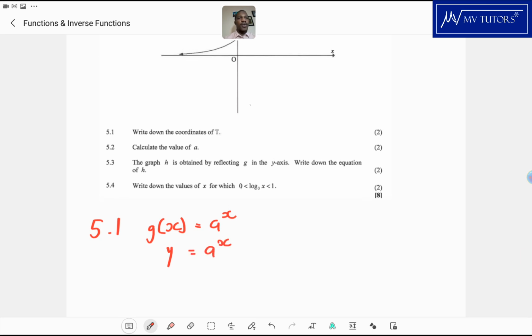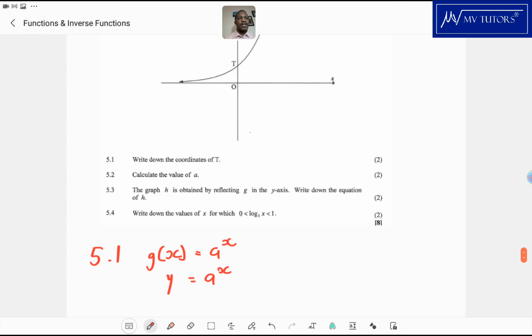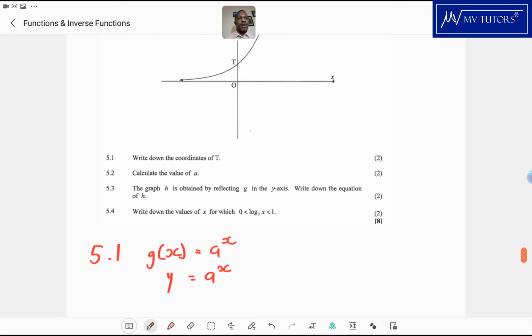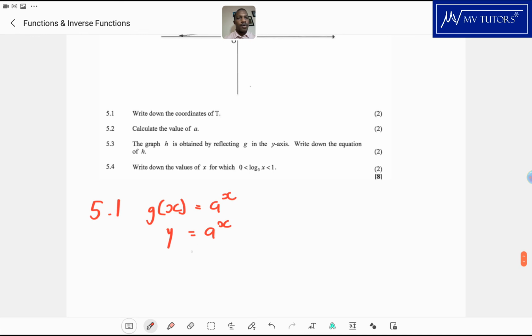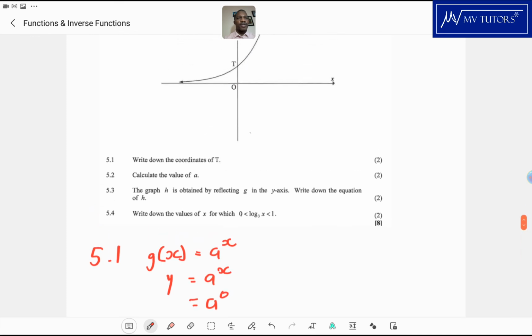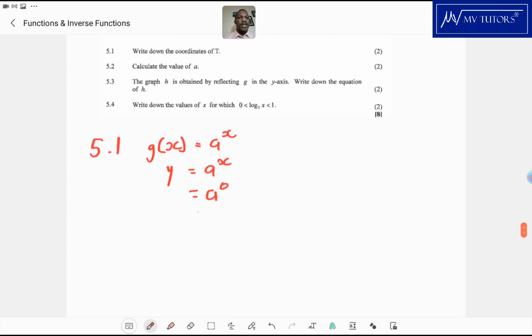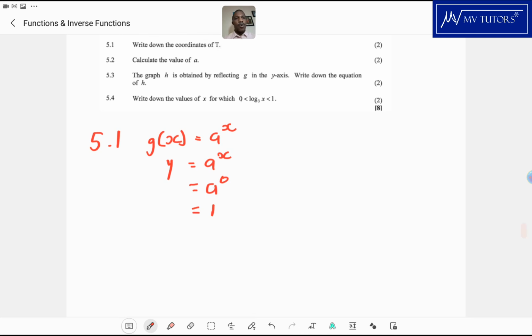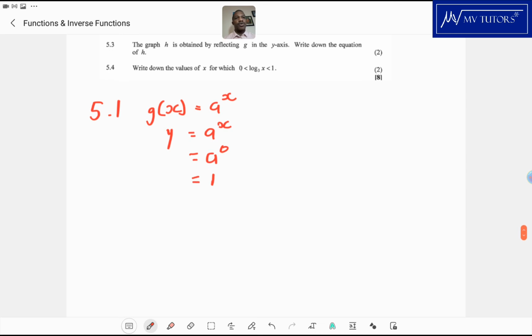So now what we can notice about T is that T is where x is 0. So where there's an x, we substitute 0. Okay, the x value is 0 there. So anything to the power of 0 is equal to 1. It doesn't matter what number this a is, any constant it is, it's always going to be equal to 1. So now we have the y coordinate.